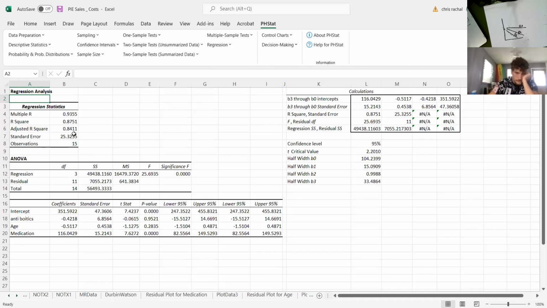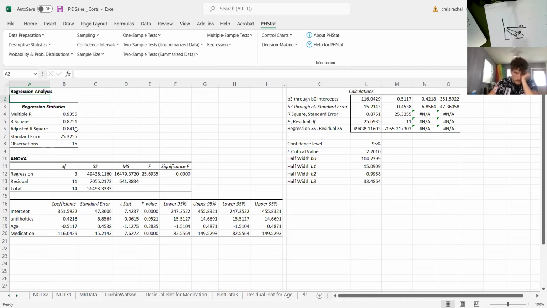Okay. Our adjusted R-square is our R-square after adjusting for, remember those slopes that we had? We want to adjust for those three slopes and all the data points. So if we adjust our R-square for all those changes that we made, that's our adjusted R-square.